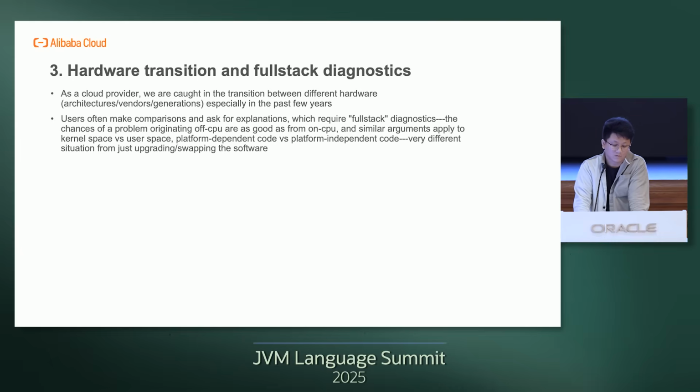For example, we often upgrade users' hardwares, so there are transitions between architectures, vendors and generations of hardware. Users are going to compare the performance on these platforms, and they will ask for explanations, which requires full-stack diagnostics, a less controlled comparison between two sets of environments.